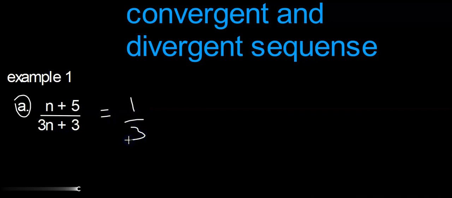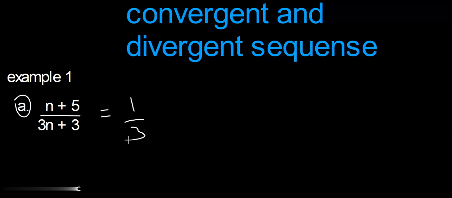This is actually the shortcut for knowing if a sequence is convergent or divergent. If there's n on both sides, or a higher power on both sides, that sequence is going to converge, and it's going to converge to the number that has the n or the highest power.